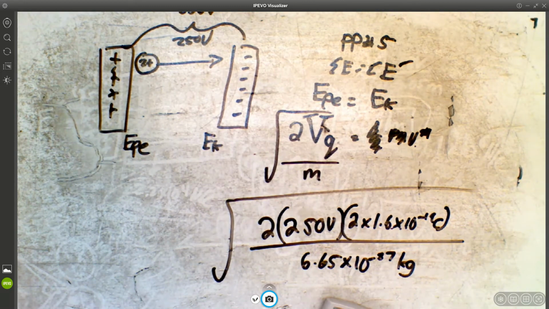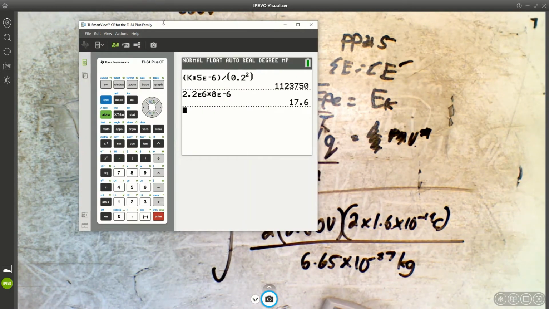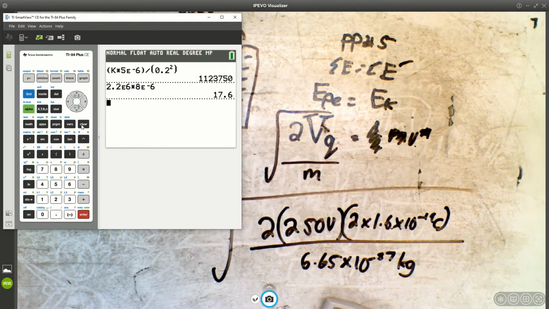Actually, I'll use my on-screen calculator for this bigger one. 2 times 250 times 2 times 1.6 times 10 to the negative 19. Divide that by 6.65 times 10 to the negative 27.